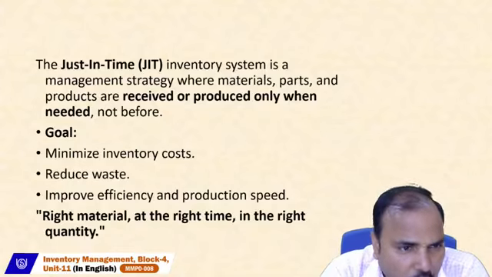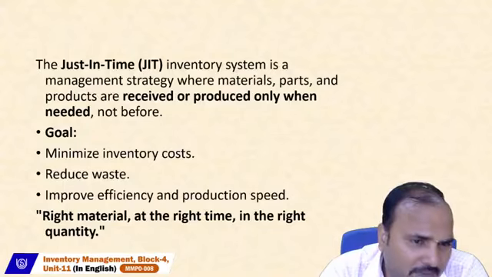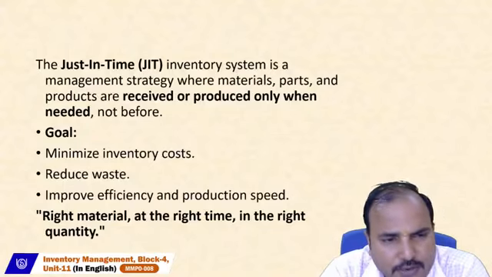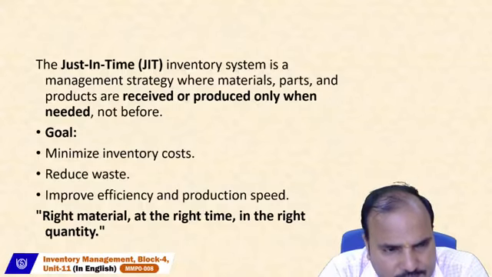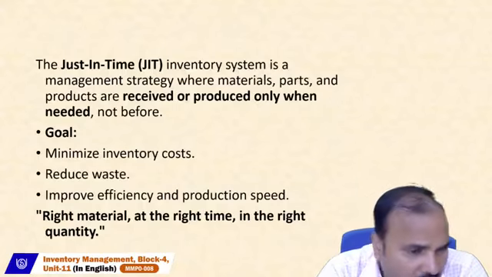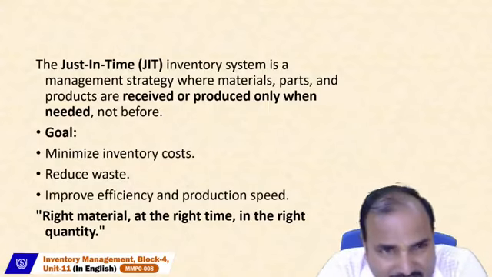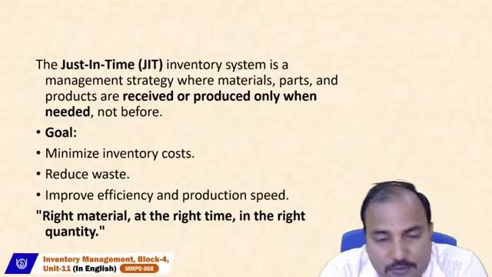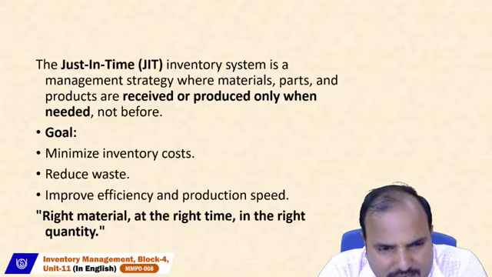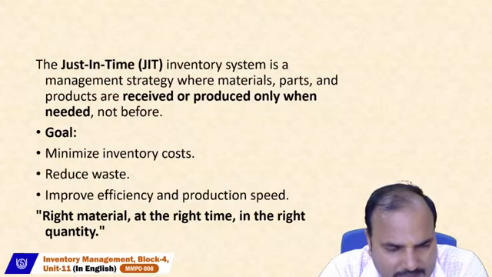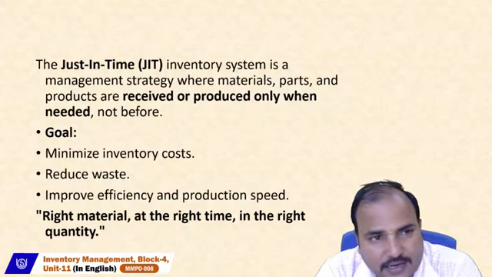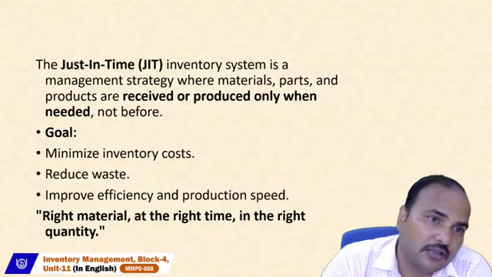The goal is to minimize inventory cost, reduce waste, and improve efficiency and production speed. Overall, just-in-time means the right material at the right time in the right quantity. Just-in-time focuses on that.